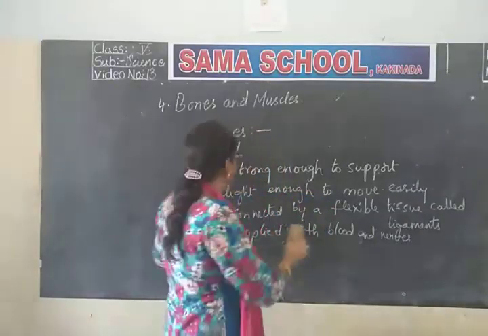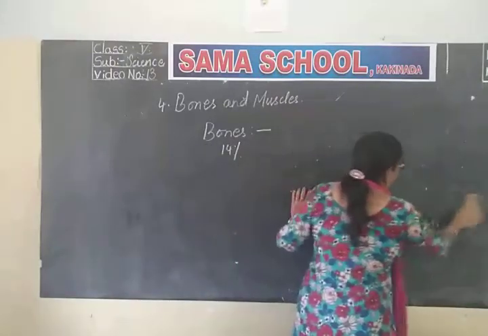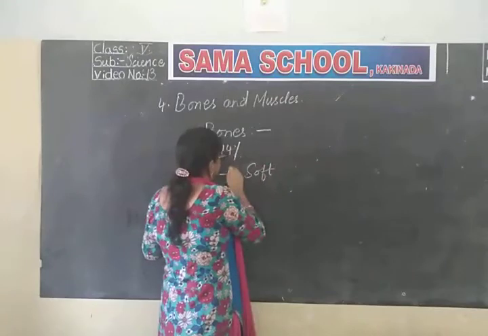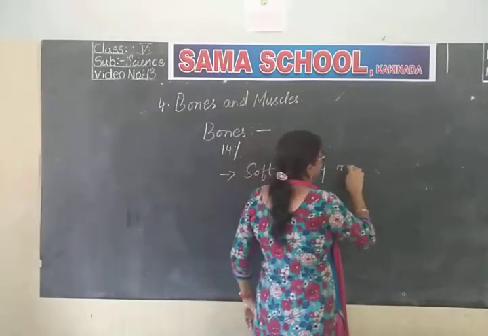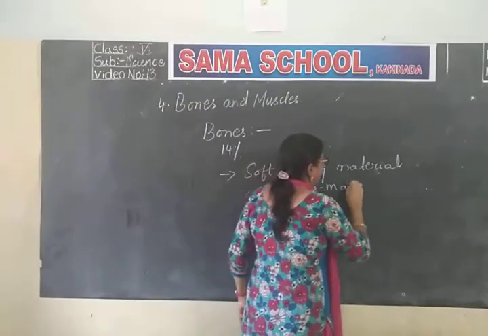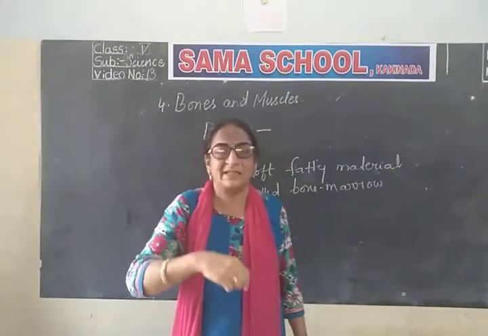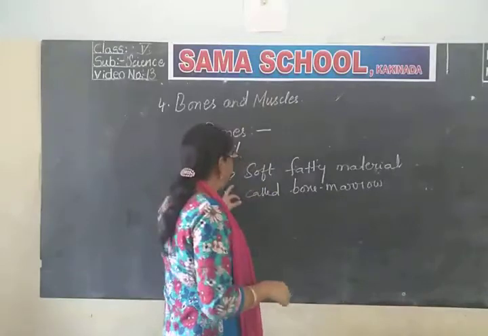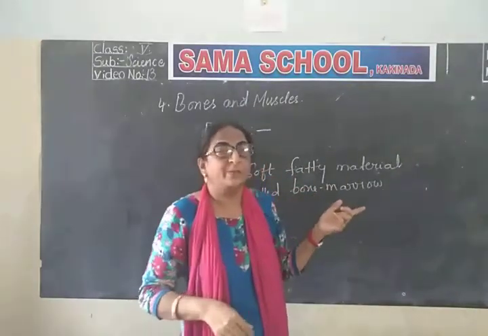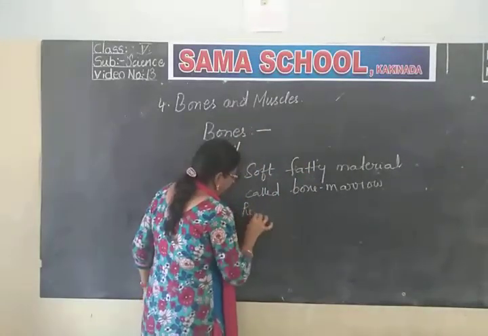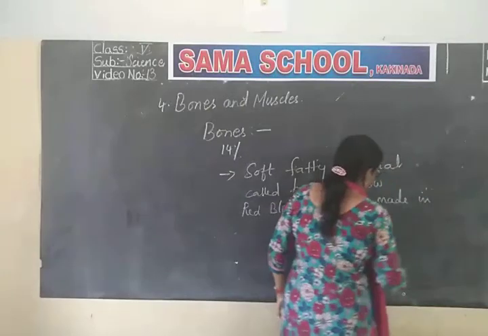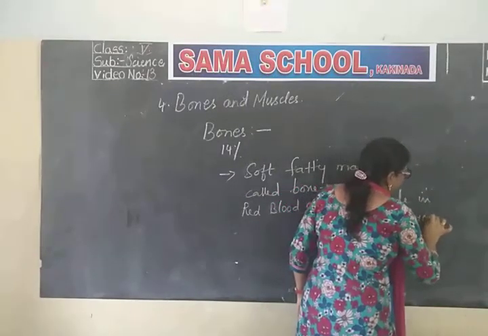So the long bones of our body have soft fatty material called bone marrow, and RBC, red blood cells, are made in the bone marrow.